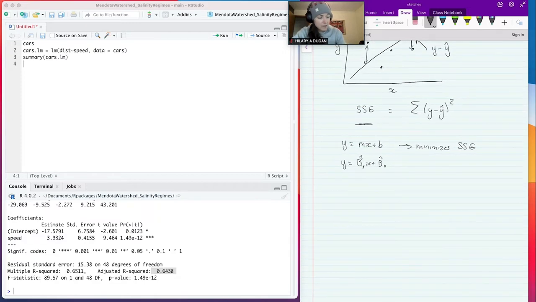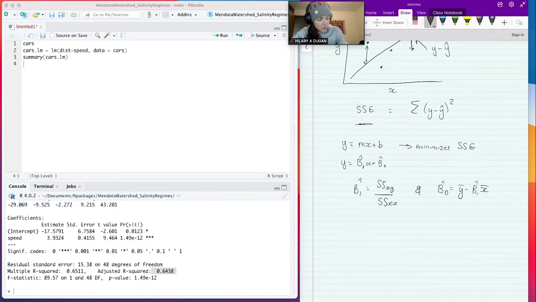And the equations for solving this are b1 hat equals SSxy over SSxx, and b0 equals the mean of y minus b1 times the mean of x.